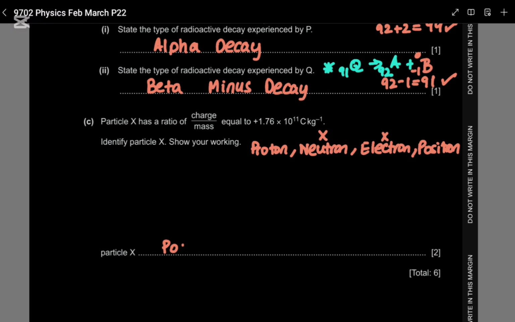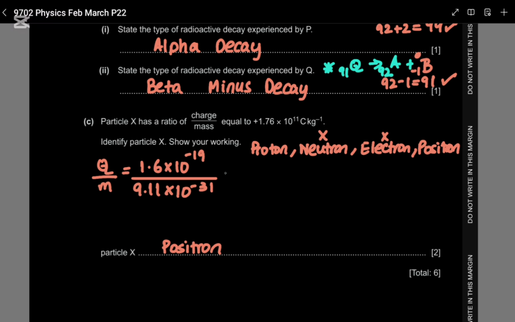Now the answer over here is positron. Why positron? Because the charge to mass ratio is equal to 1.6 times 10 to the power of minus 19 over 9.11 times 10 to the power of minus 31, and that gives you an approximate answer of 1.676 times 10 to the power of 11 coulomb per kg.